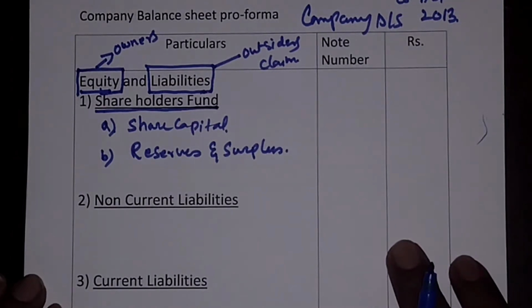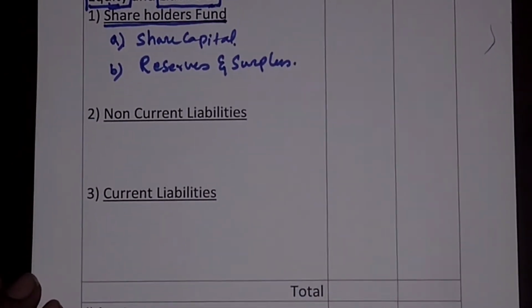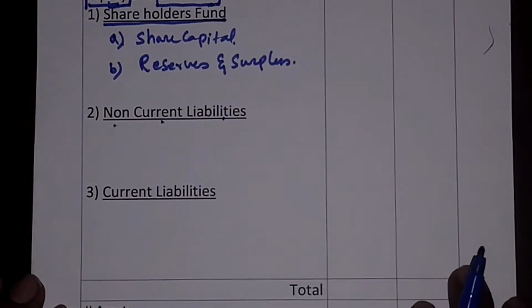Even some other entries are there which I am avoiding, because problems rarely give them, so I am giving only the recurring entries which are asked frequently. Next one is the non-current liabilities.